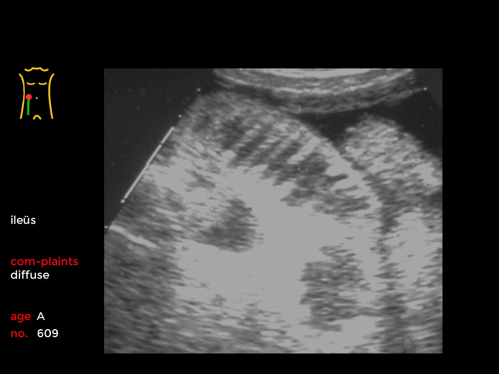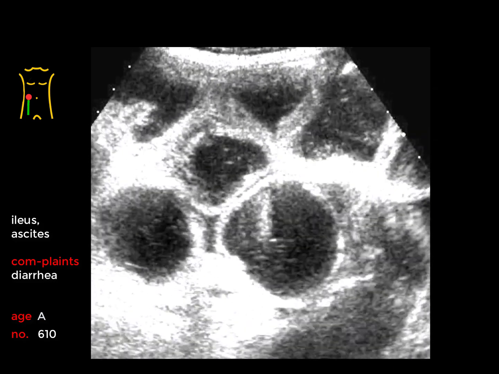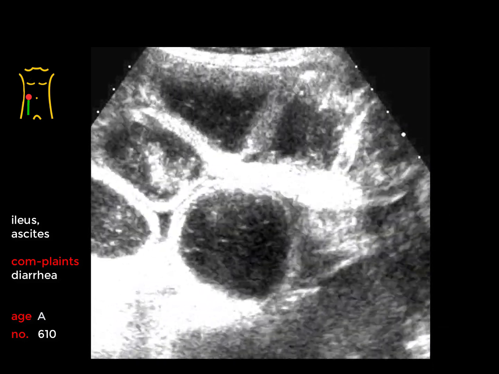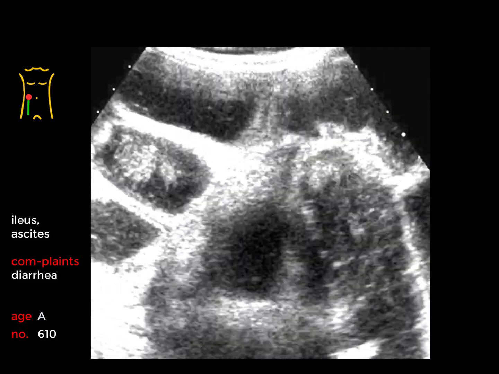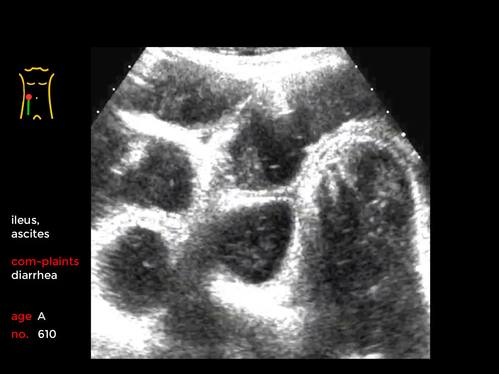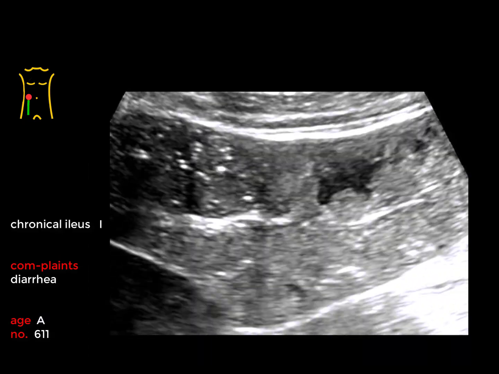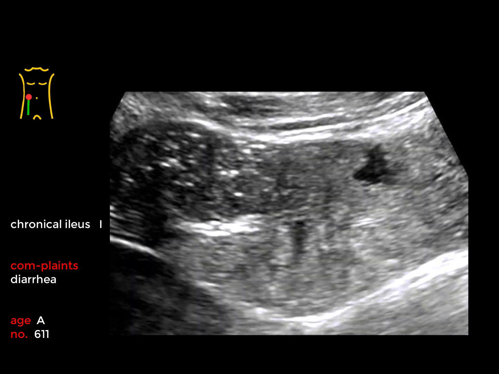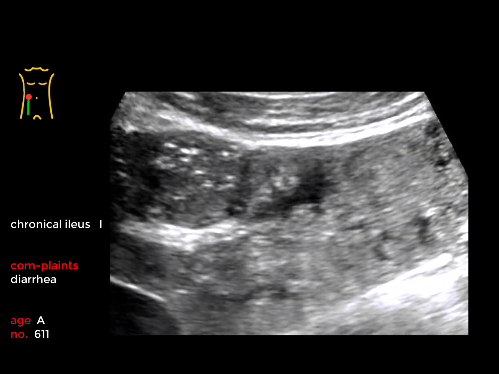In the end, it turned out to be a chronic ileus due to adhesions. This was also true in case 610, needing operative intervention in the end. And the same is true again in case 611, which was as well operated upon in the further course.